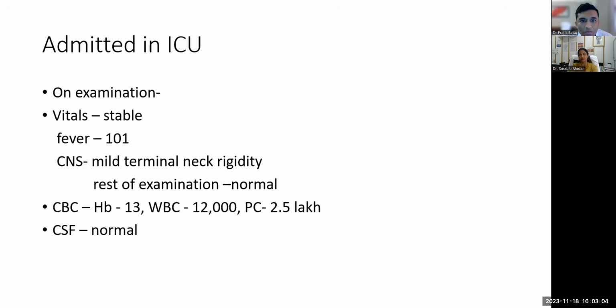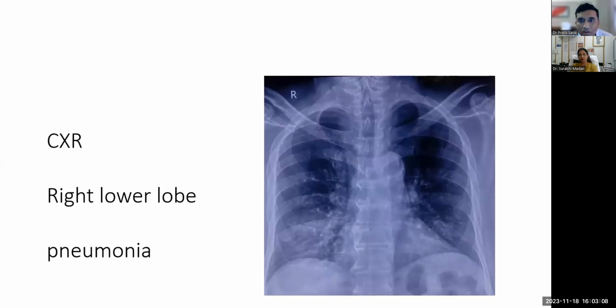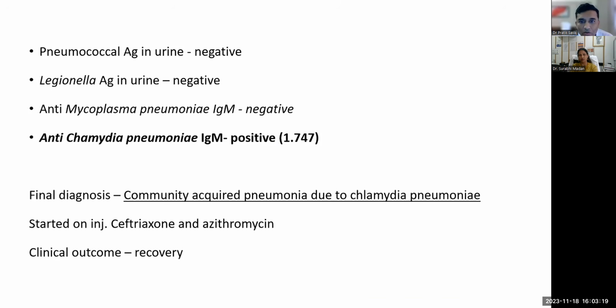WBC count was high, CSF was normal. On the screening, we found a right lower lobe pneumonia. We can see the dense patch on the right lower lobe. So we did the following things. We sent cultures, but cultures were sterile.